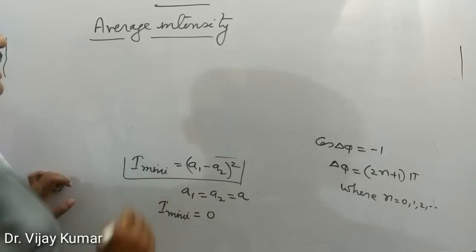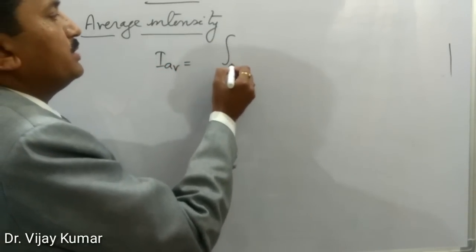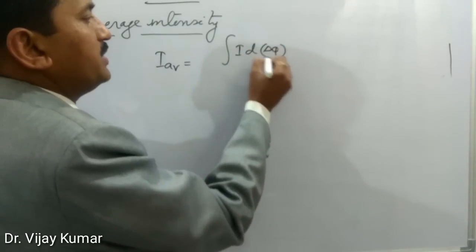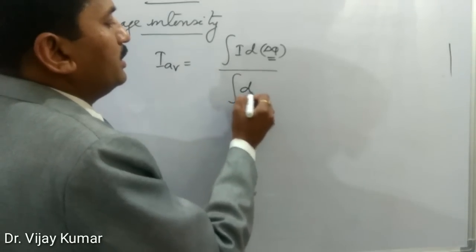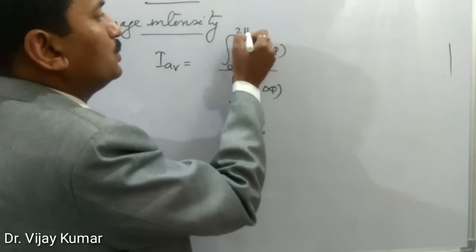Average intensity should be the integration of I d delta phi, where delta phi is the phase difference between the two interfering waves, upon the integration of d delta phi, with limits 0 to 2 pi.